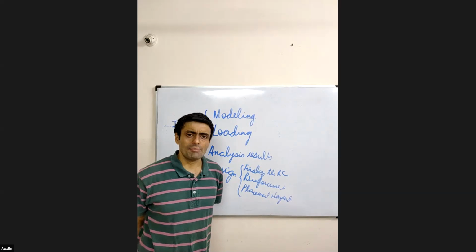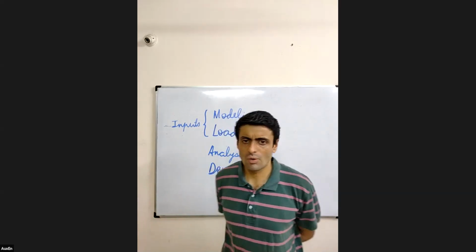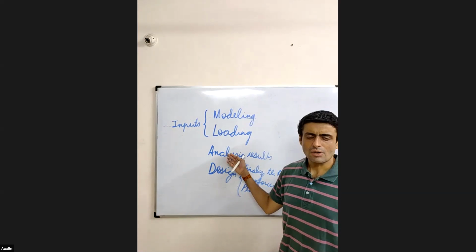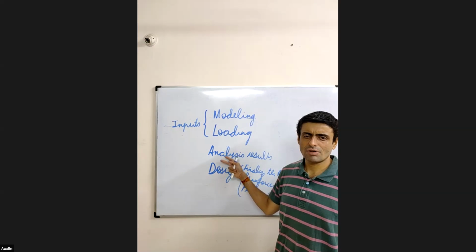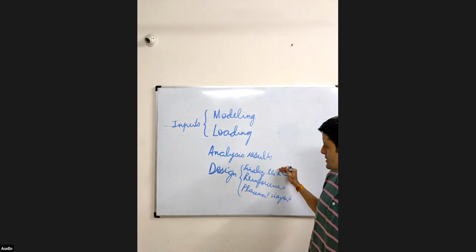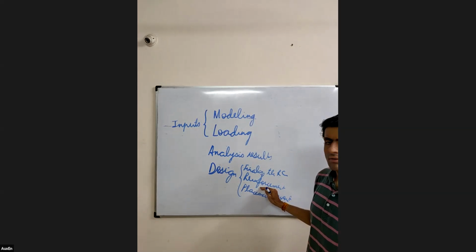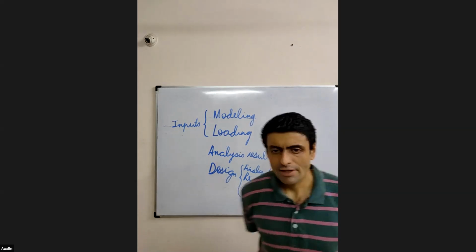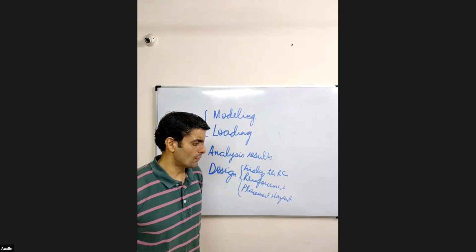So we will create a computer model, then we will go for loadings, then we will go for the analysis. On the basis of analysis results, we will go for design. By designing, I mean that we would be finalizing the sizes, finding out the reinforcement, and deciding the placement and layout. Okay.